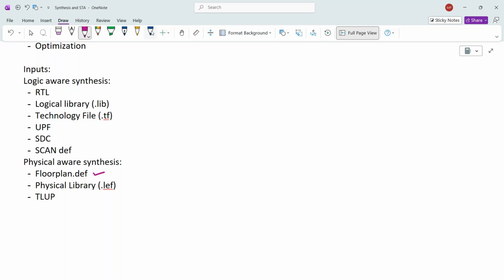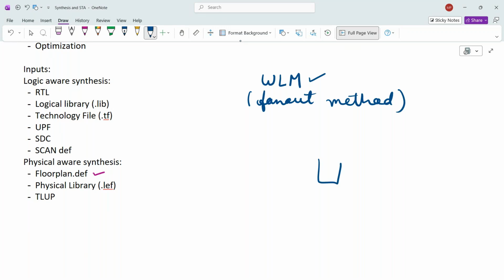So this concept of delay calculation we must be knowing: the delay calculation in synthesis stage happens using what? Wire load model, WLM. Right. WLM model uses fan out method, means depending on fan out, it calculates the delay. Because in synthesis, particularly in logic aware synthesis, there is no layout information of what is the location from where to where.